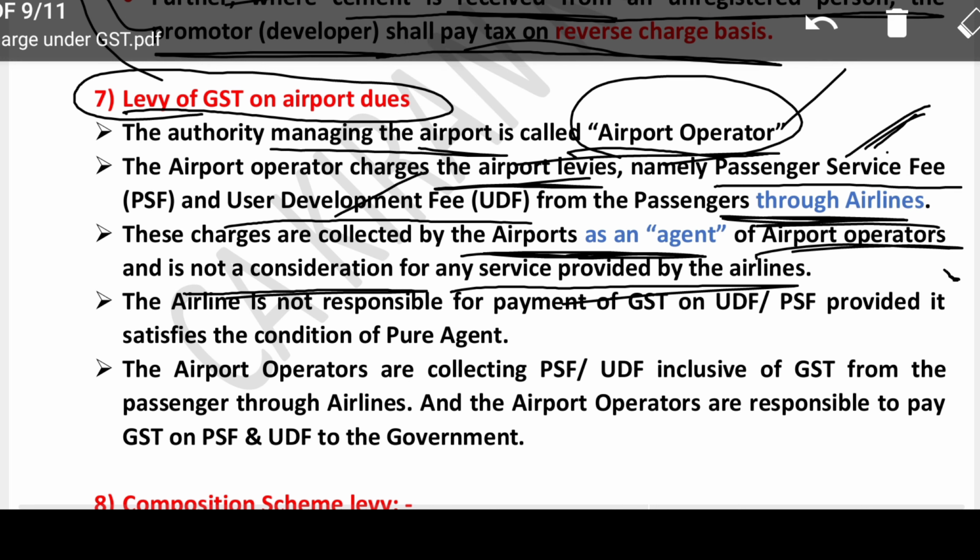For payment of GST on these two charges, provided it satisfies the condition of a pure agent, the airline is not responsible for the payment, and the airport operator collects these two charges inclusive of GST, and the same will be paid by the airport operator to the government for the GST part.